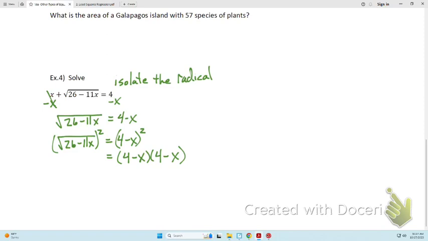The radical and the 2 cancel out, and you get this. But the right side, it gets a little messy. There was no way around it. We FOIL it out and we get 16 minus 4x minus 4x plus x squared. Combine those 2 middle terms.